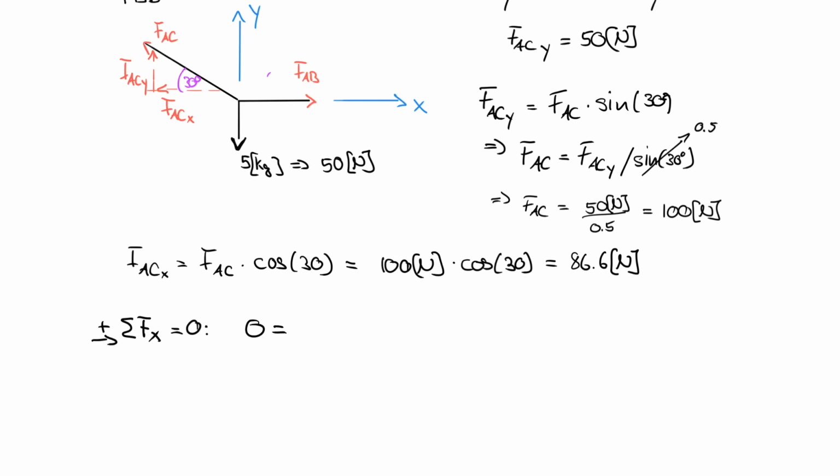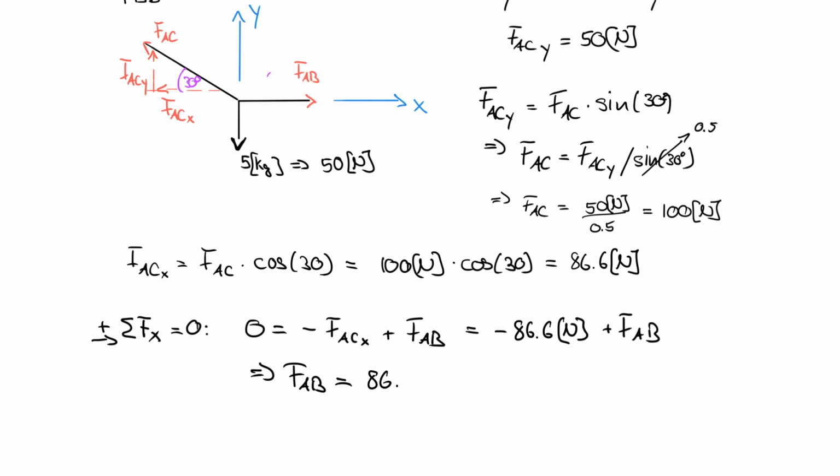And 0 is really equal to minus FACX plus FAB, and that would be equal to minus 86.6 Newton plus FAB, and therefore we know that FAB is really equal to 86.6 Newton. And notice that this is technically plus, and that means that the cable is in tension, right?